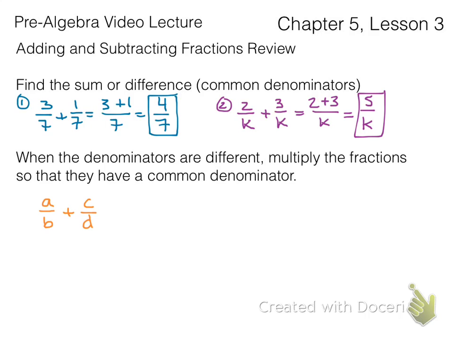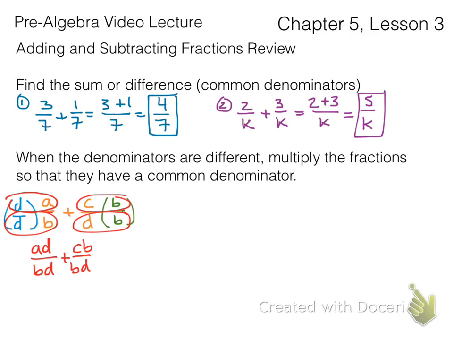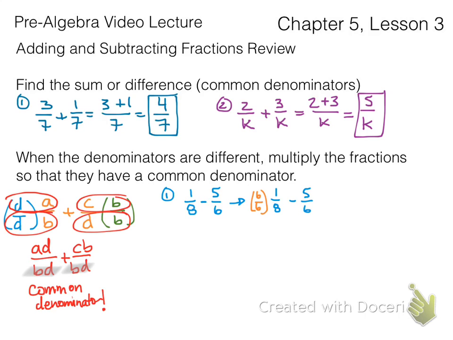So if I have a over b plus c over d, if I multiply a over b by d over d, and I multiply c over d by b over b, I'm going to get ab over bd plus cb over bd. Do you guys agree that the bd's are the same on both bottom of the fractions? They are. That means that bd is a common denominator. All right? Common denominator.